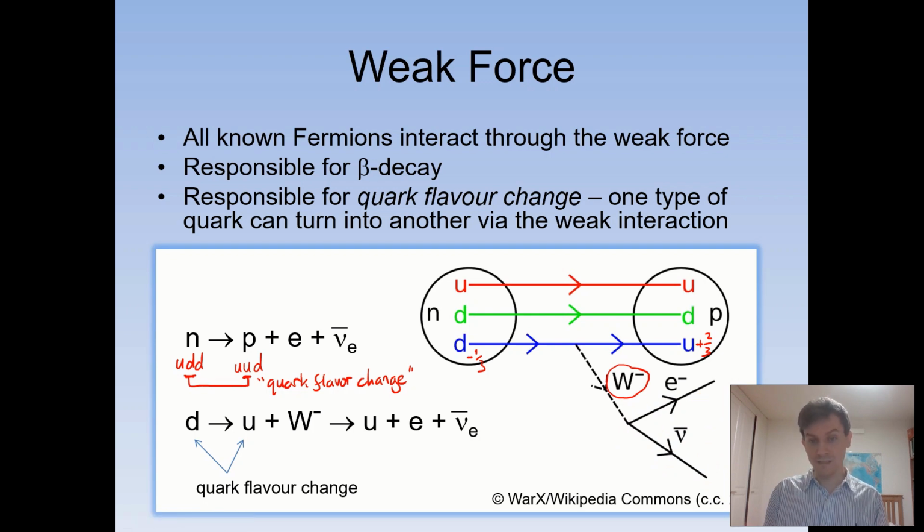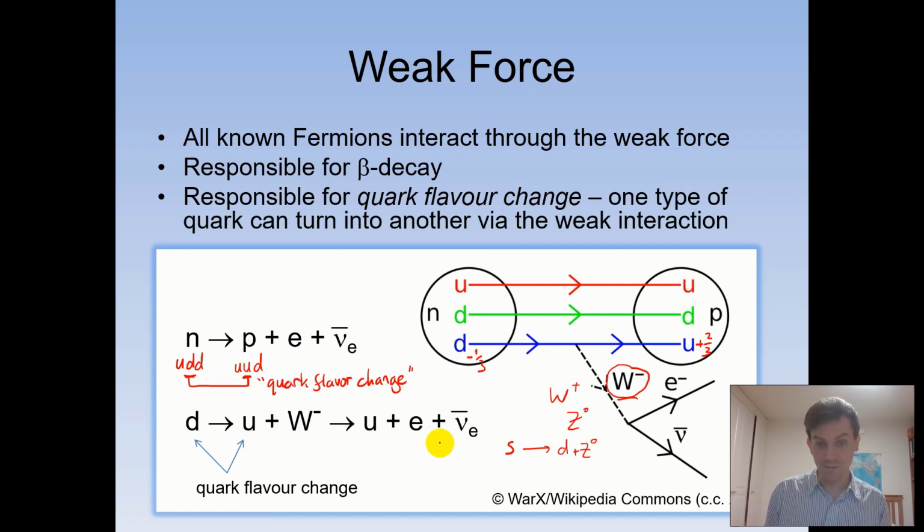So these particles, the W-, the W+ and the Z0, are the only particles which can change one kind of quark into another. Via the strong force or via the electromagnetic force, the type of quark, the flavor of quark, must stay the same throughout the interaction. But for example, you could have a strange quark turning into a down quark, and it would do so by also creating a Z0 weak force boson.